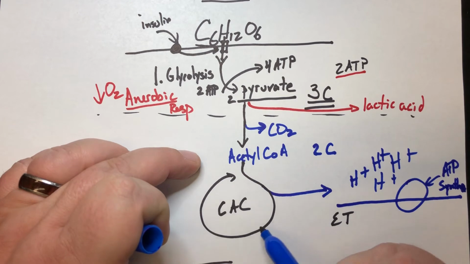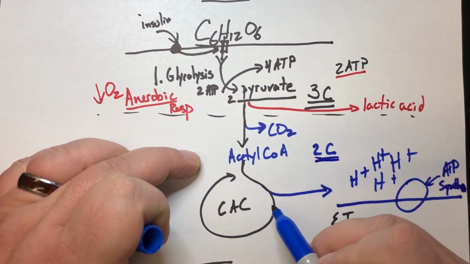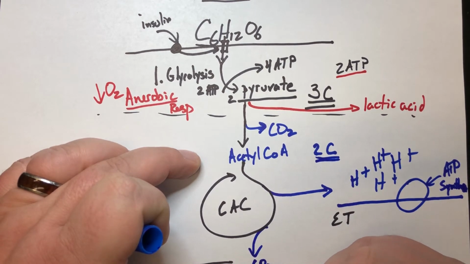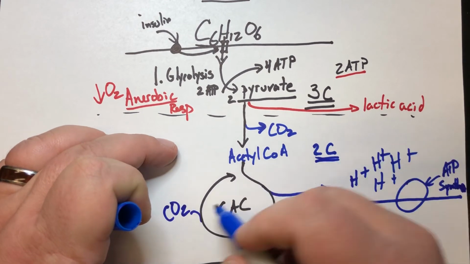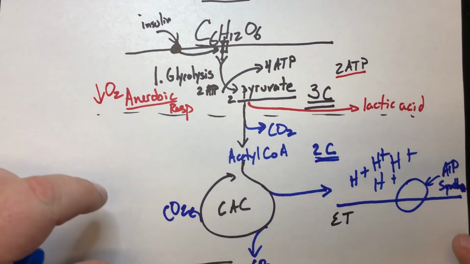Real quick, back over to the citric acid cycle. So essentially those 2 carbons that were in that acetyl-CoA are eventually going to end up coming out during citric acid cycle. So all of that carbon in the original glucose ends up being metabolized and released as waste product by the body as carbon dioxide.